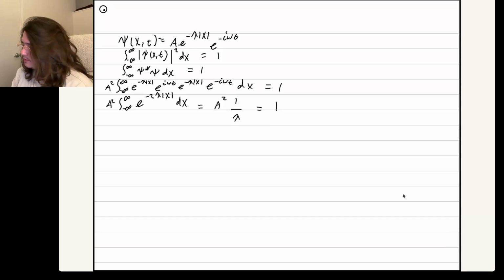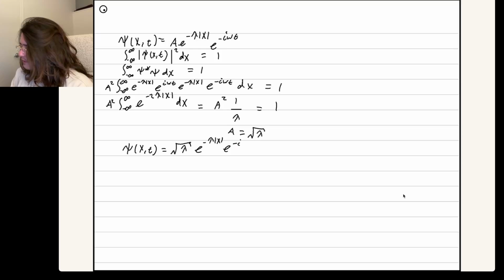So that has to equal 1, so we find that A squared is equal to lambda, so A is just root lambda. Cool. Then the wave function, now that it's normalized, is root lambda e to the minus lambda absolute value of x e to the minus i omega t.